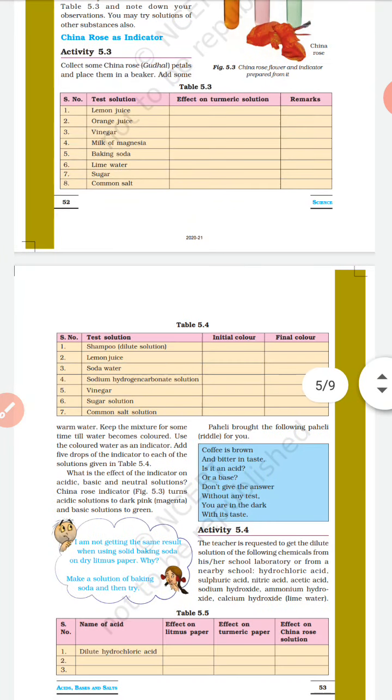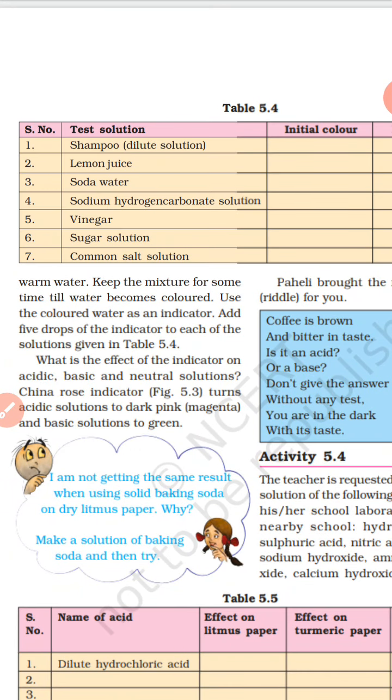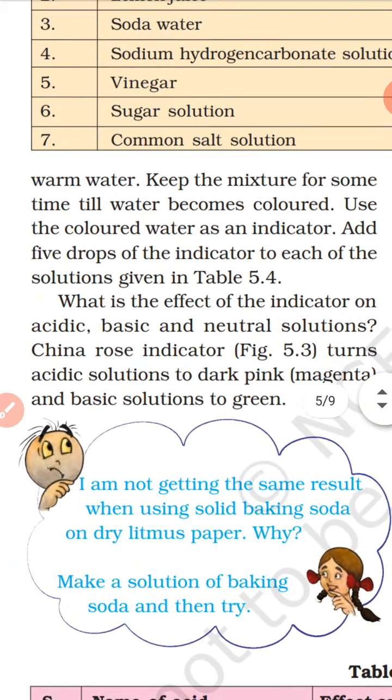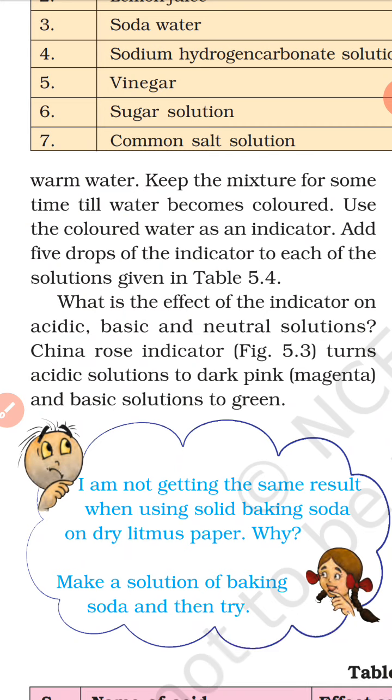Keep the mixture for some time till the water becomes colored. Use the colored water as an indicator. Add 5 drops of the indicator to each of the solutions given in table 5.4. What is the effect of the indicator on acidic, basic and neutral solutions? China rose indicator turns acidic solutions dark pink and basic solutions green.